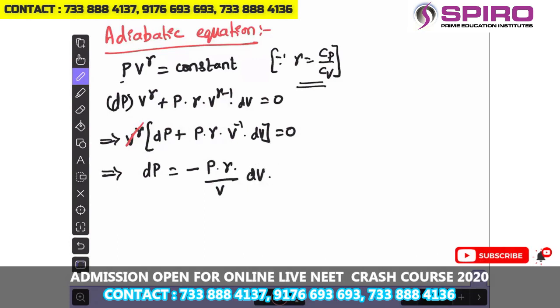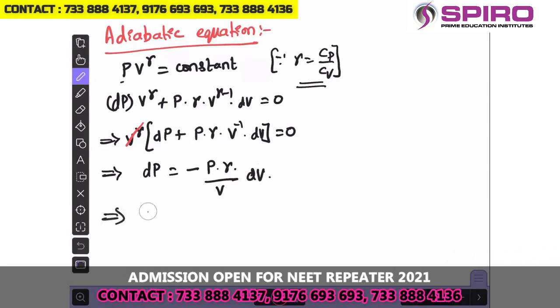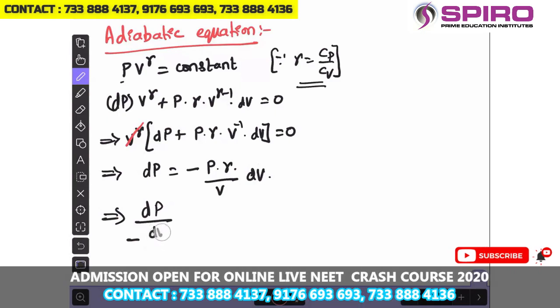This implies dP divided by minus dV by V is equal to gamma P. This is called the adiabatic bulk modulus.